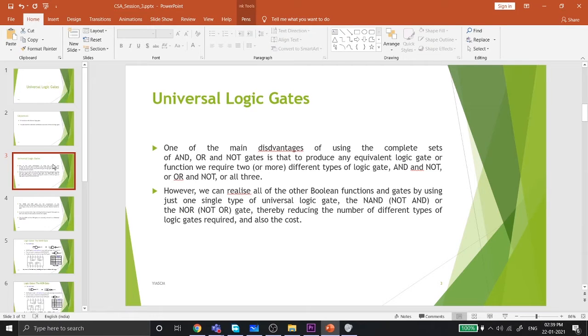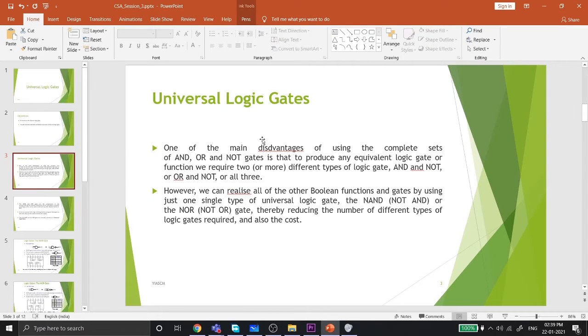In that way, we only have to use a specific set of materials and arrange them in a specific set of ways. So we can reduce cost, reduce complexity of manufacturing, and manufacture loads of circuits or processors in bulk at a low cost. So that's why we need universal logic gates.